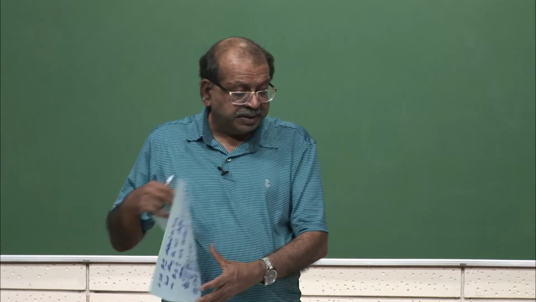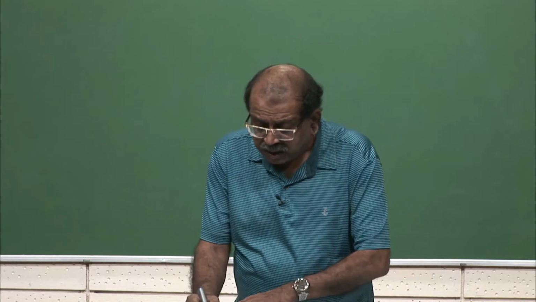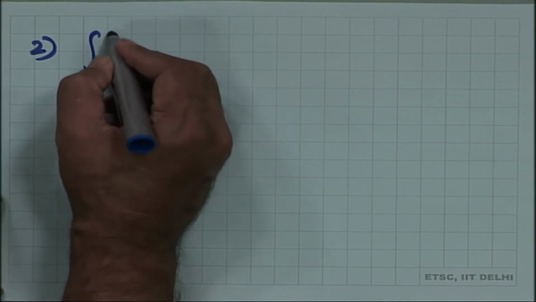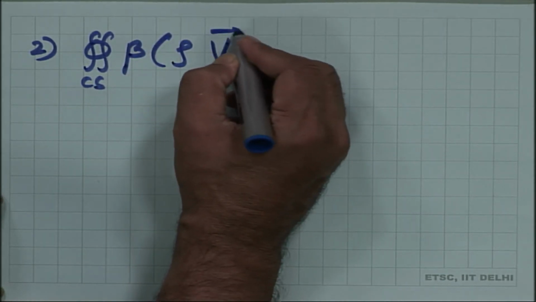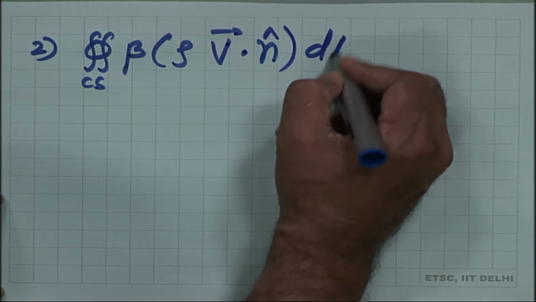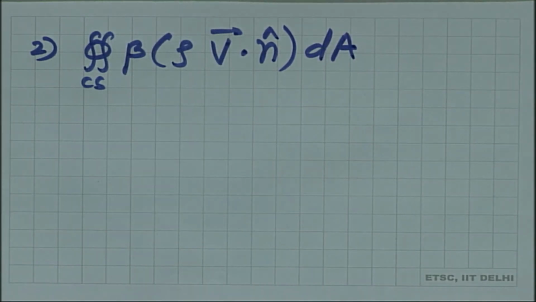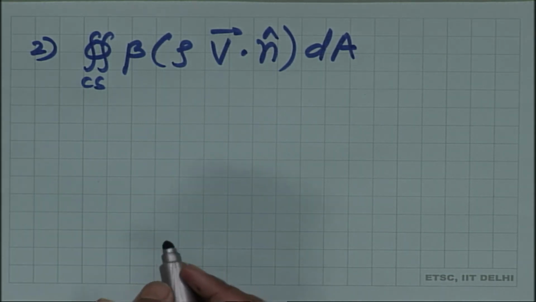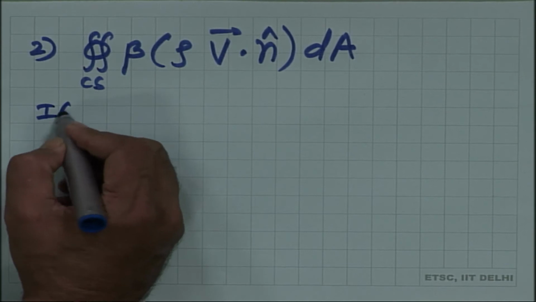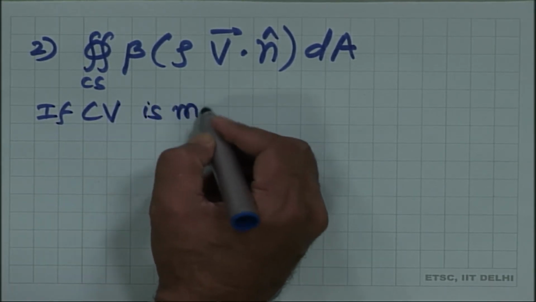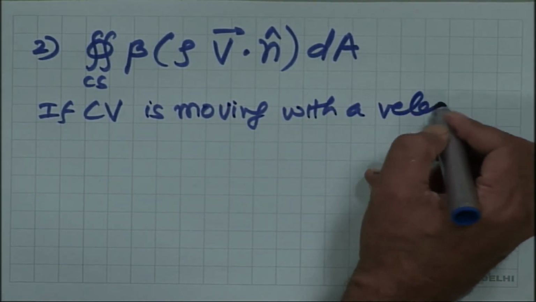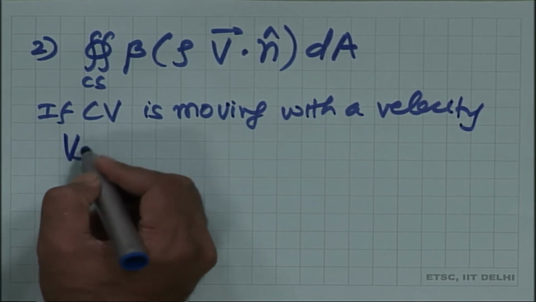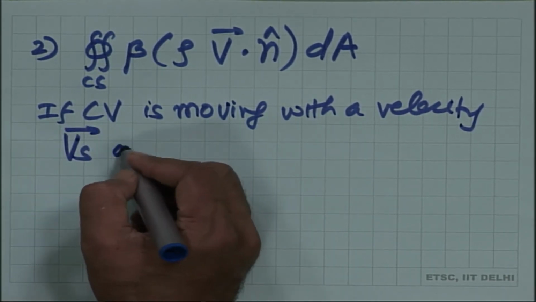Now, let us look at the second term. This was the first term. The second term is integral over the control surface beta rho v dot n dA. Now, let me tell you one more thing without proving it, if the control volume is moving with the velocity v s at the surface.